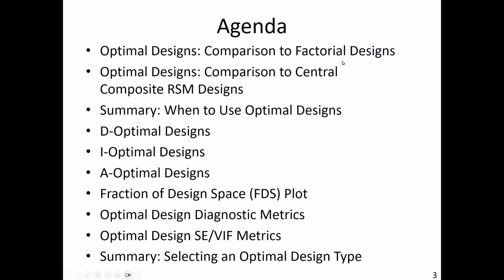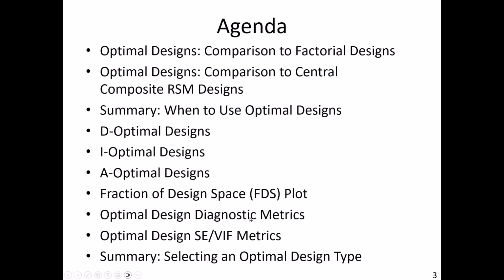First, we'll compare optimal to factorial designs. We'll compare optimal to central composite response surface designs. Summary, when to use optimal designs, and then we'll talk about the differences between D-optimal, I-optimal, and A-optimal, and using the fraction of design space plot to assess these optimal designs.